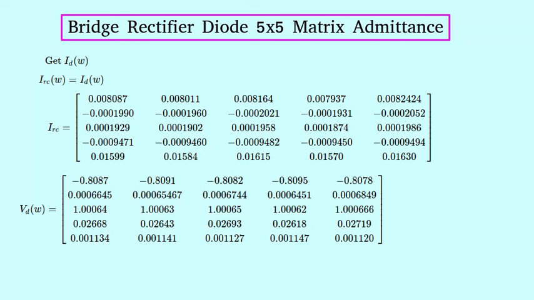After calculating each column, we get this matrix for IRC, and I've rewritten VD here as well. We know from the circuit that ID and IRC have the same value. And this is the equation that we'll use to find the diode admittance, which is equivalent to current divided by voltage.